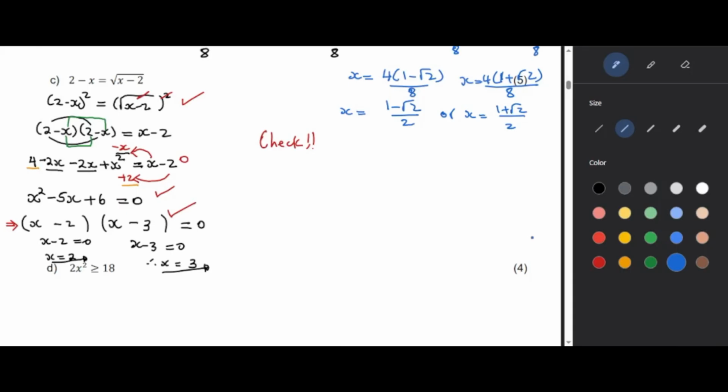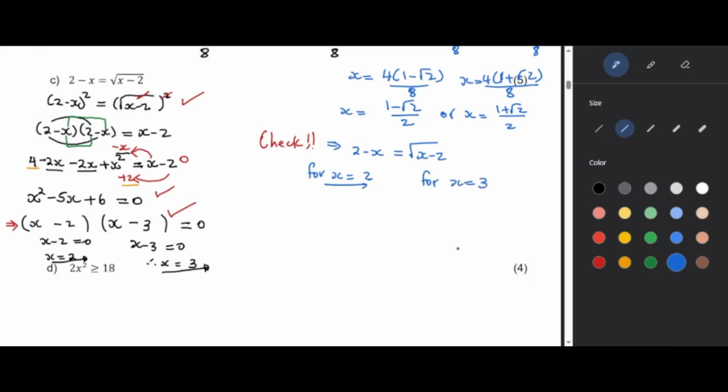Remember, we are given that 2 minus x is equal to the root of x minus 2. Take your calculator, where there's x, you substitute 2. Let's start with x is equal to 2, and then do the same for x is equal to 3.